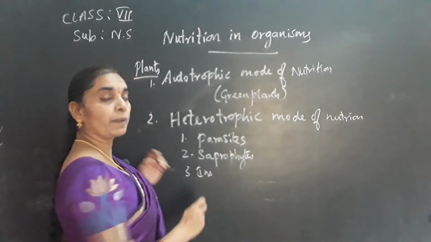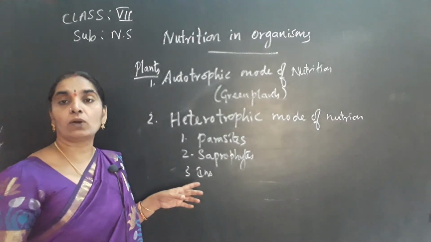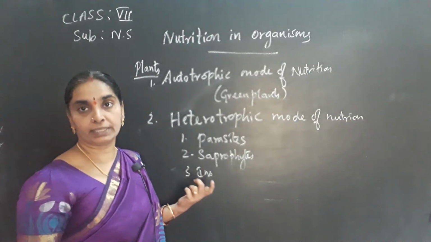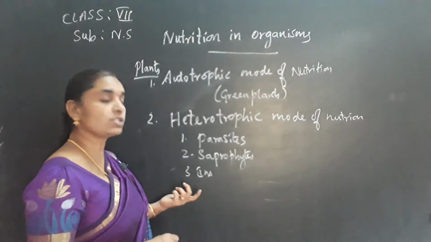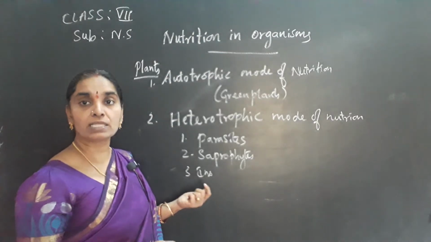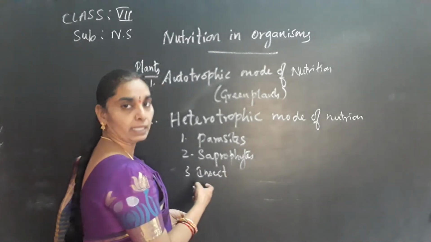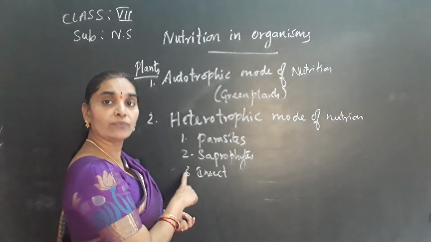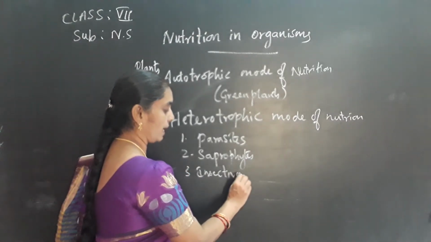Though insectivorous plants are green plants, they depend on insects for food because they lack nitrogen nutrient. They depend on insects for getting nitrogen. There is a deficiency of nitrogen in the areas where they grow. So these are also heterotrophic. Though they are green plants and prepare their own food, they depend on insects for food.